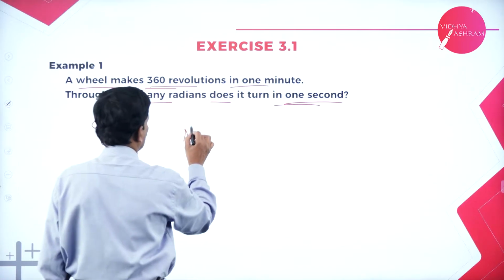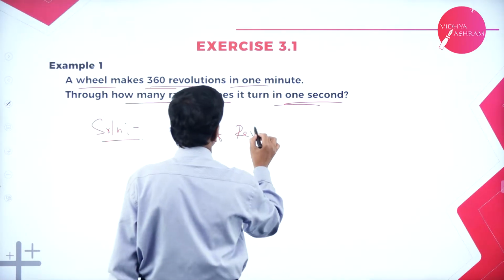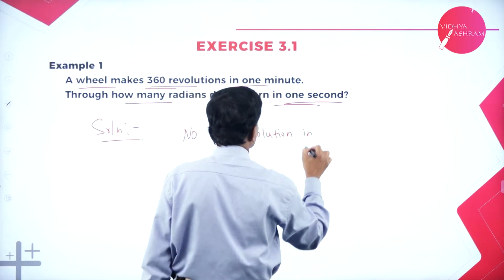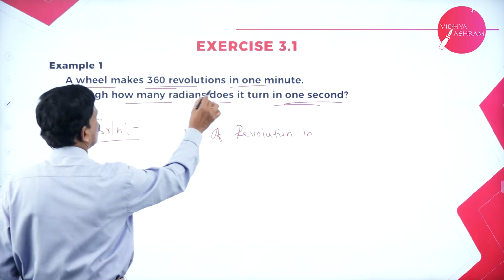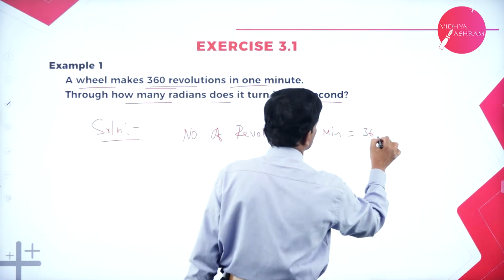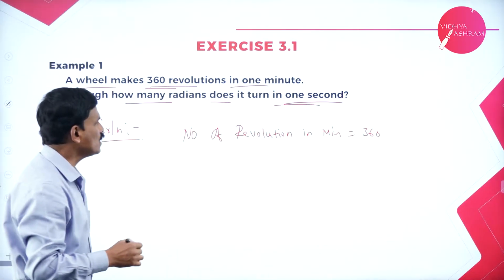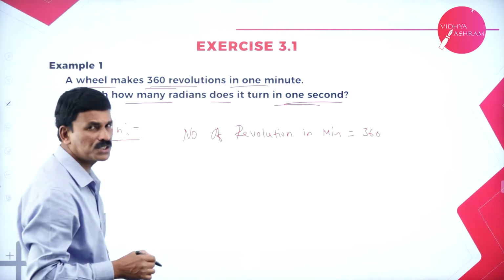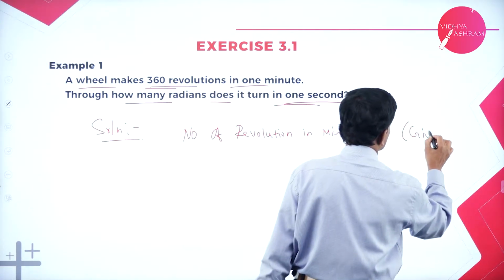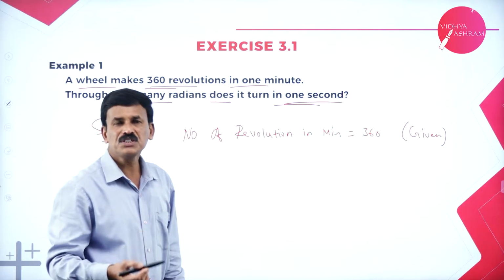So the number of revolutions in 1 minute is equal to 360. This is the given condition. Now convert into 1 second.